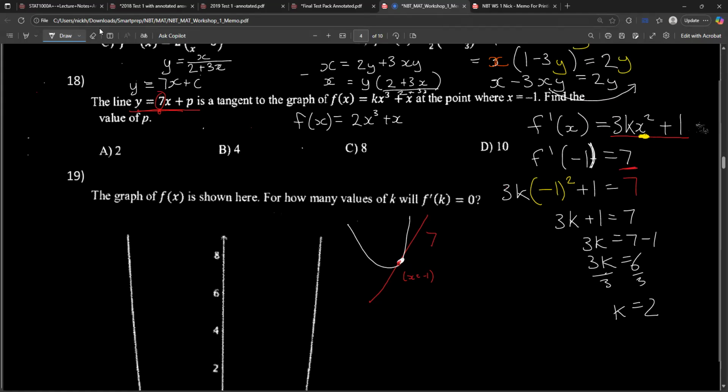So now we can say f of minus 1 equals 2 times negative 1 cubed plus negative 1, and we get negative 2 minus 1, which is negative 3. So now we know that y is negative 3 where x is equal to negative 1. And now we can solve for p, because we have a value for y and a value for x.